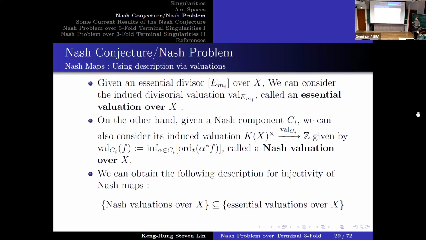By some complicated algebraic argument, the injectivity of the Nash map can be formulated as in the last statement. We can consider the Nash valuations over X. An essential divisor induces essential valuations. So the injectivity of the Nash map can be formulated as: the Nash valuations over X are contained in the essential valuations of X.